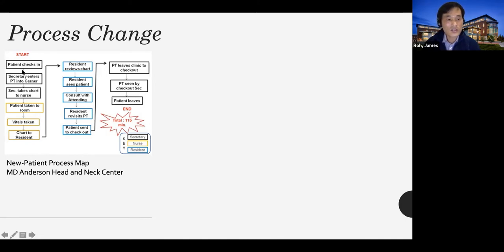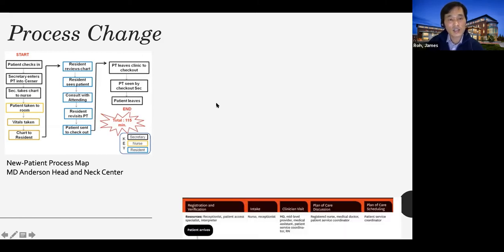The nurse is taking the patient to the room and taking the vitals and the chart to the resident, and then the resident or the doctor is going to review the chart and see the patient and consult with the attending, and the secretary is going to take care of the rest.